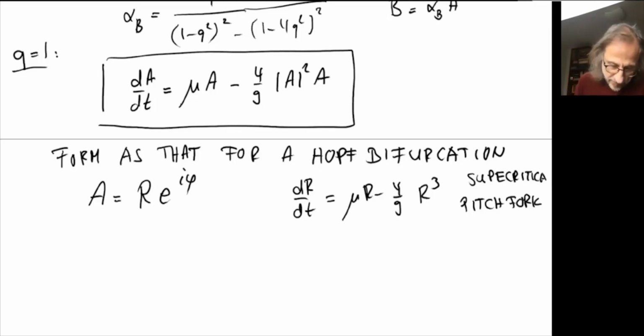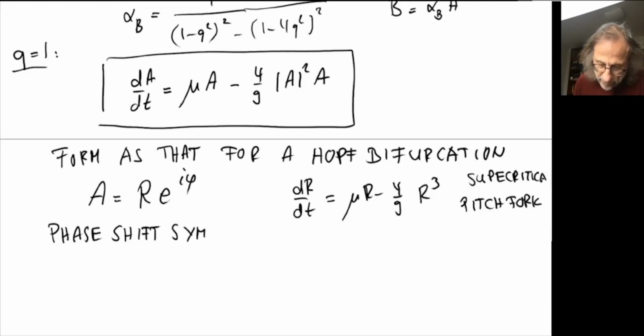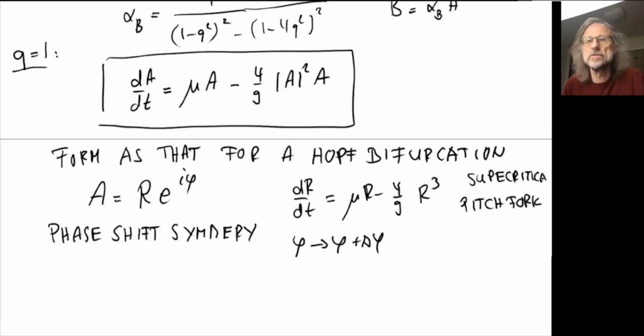Okay, and we see that the phase phi is actually arbitrary. We have this phase shift symmetry, where if we shift phi by an arbitrary amount, you still have a solution. And that is also, of course, it has to be just like in the Hopf bifurcation because this is the same equation, right?